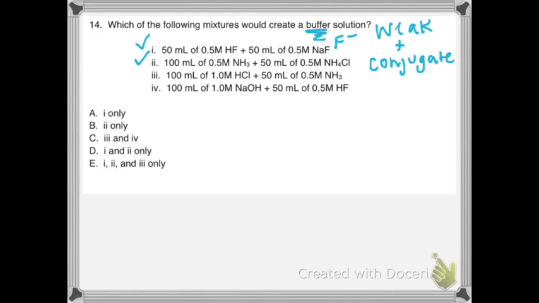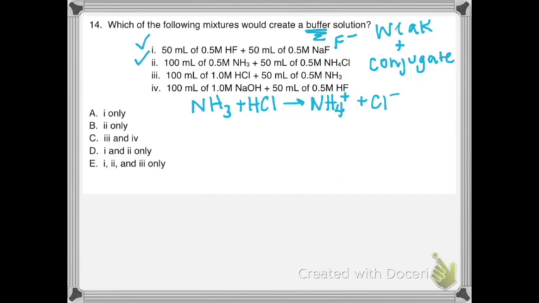So let's start by writing the reaction between them. Okay, cool.